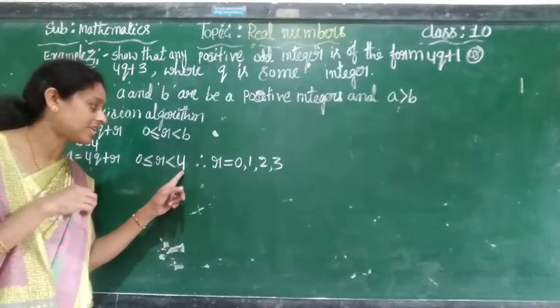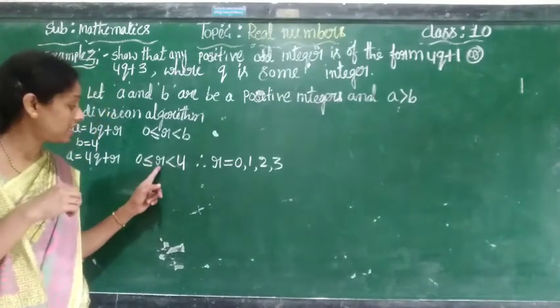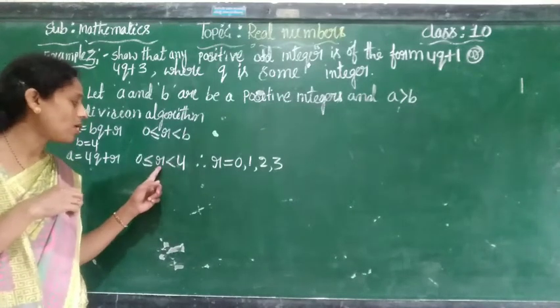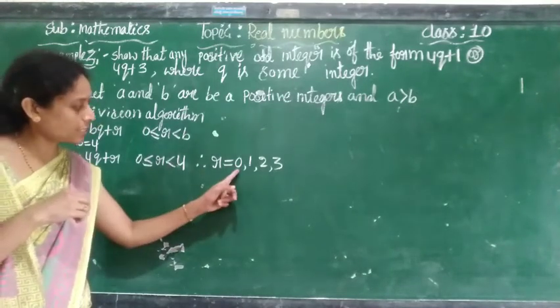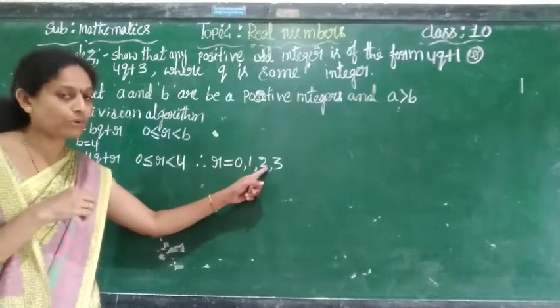Here b is 4. The remainder is smaller than b, or less than 4. So r must be 0, 1, 2, 3.